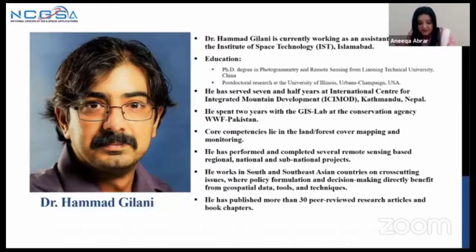He has served 7.5 years at the International Center for Integrated Mountain Development, Kathmandu, Nepal. He works in South and Southeast Asian countries at cross-cutting issues where policy formulation and decision-making directly benefits from spatial data, geospatial data, tools, and techniques.